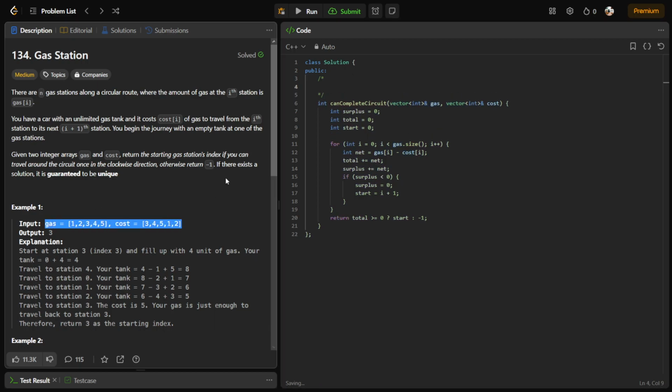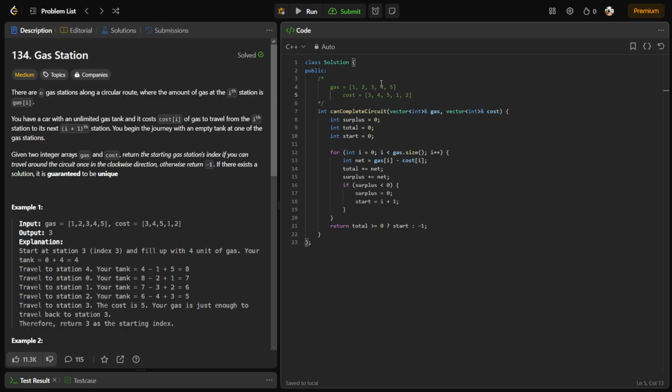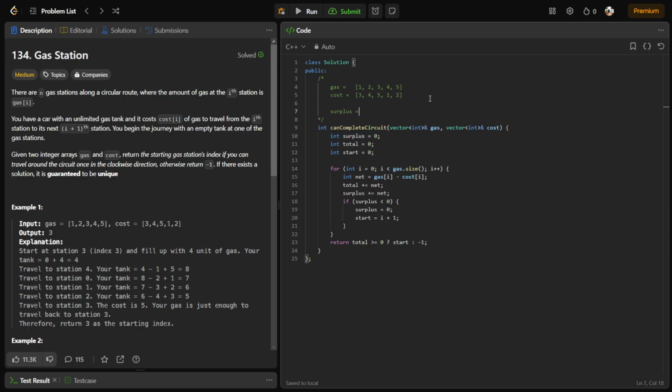I'll be using these two. Let me rearrange it a bit. Here I have an integer called surplus. Surplus stores whether or not we have more gas.